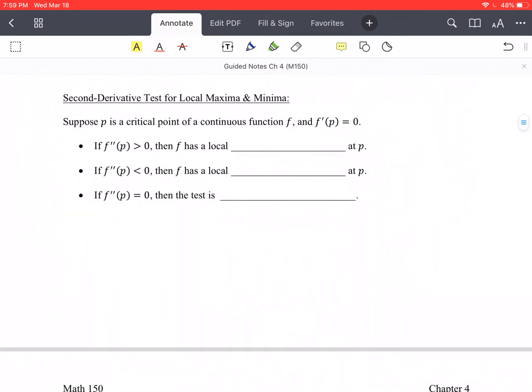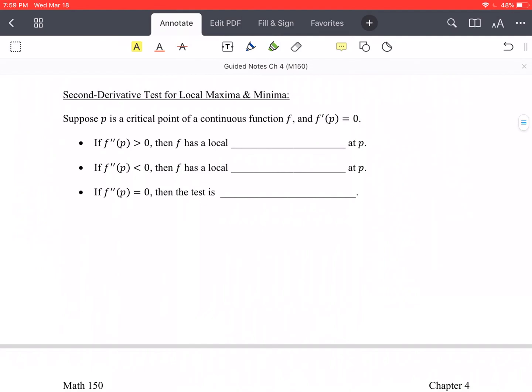Now we get to the second derivative test for local maxes and mins. Here we're looking at the concavity. We're looking at the second derivative. So suppose that P is a critical point of a continuous function f, and f prime of P equals 0.